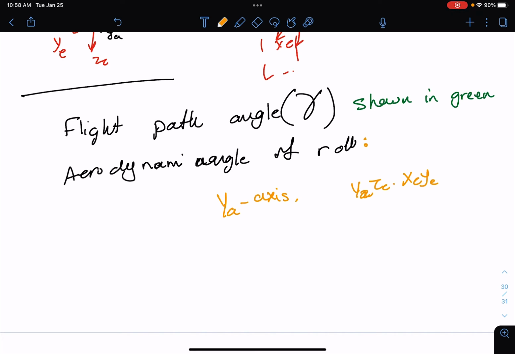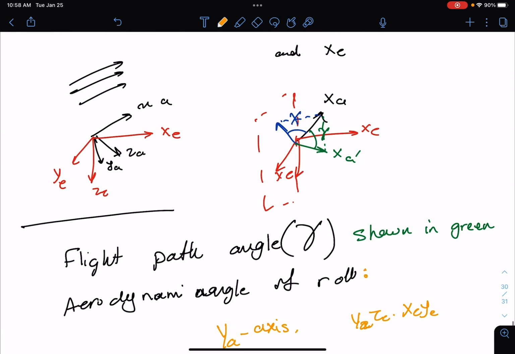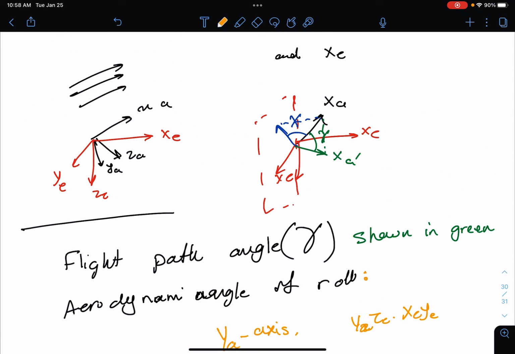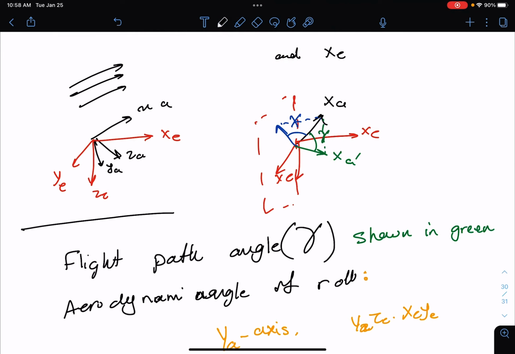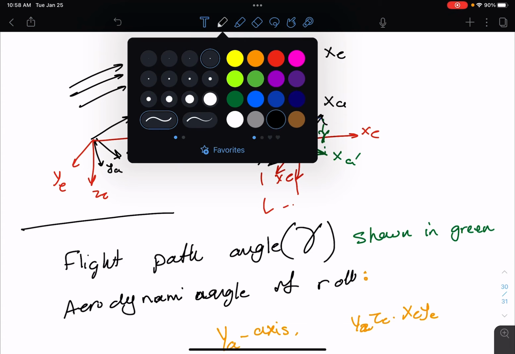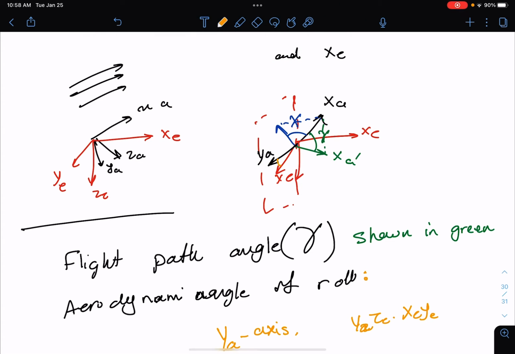So there's a line here, which essentially means that this will be your angle. This is X of E. Let's say this is Y of A. This will be your angle, the aerodynamic angle of roll, mu.